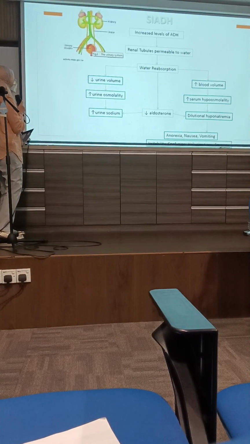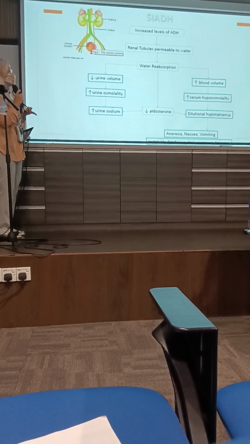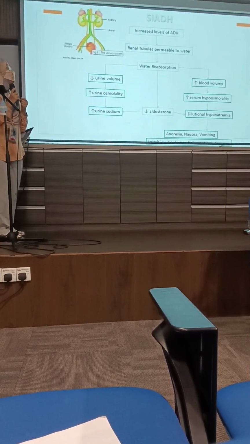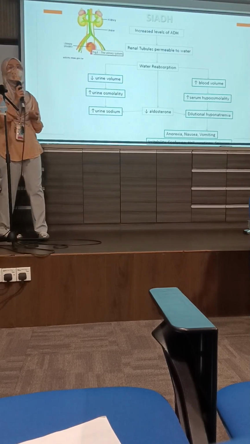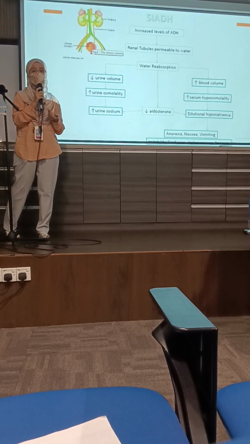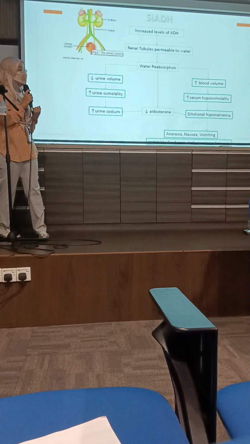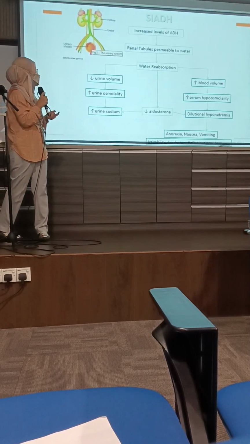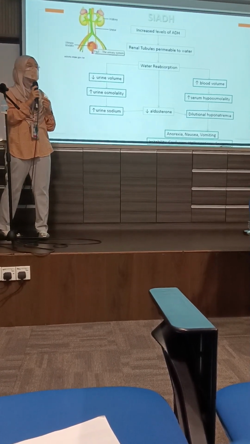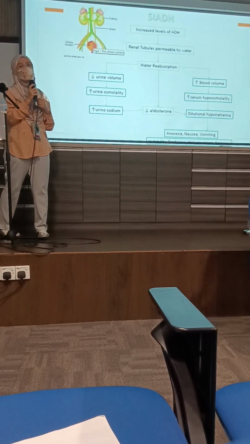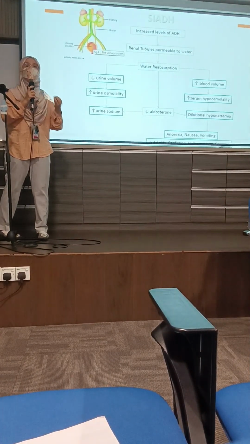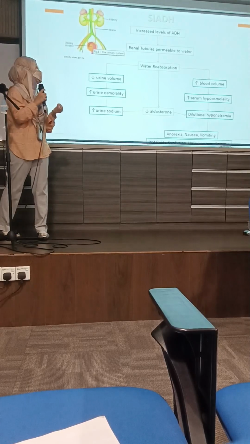Okay. So sama macam tadi, bila SIADH, increased level of ADH akan menyebabkan increased renal tubular permeability to water. So water being reabsorbed, this will increase the blood volume and decrease the serum osmolality. So serum akan jadi low concentration. Okay.